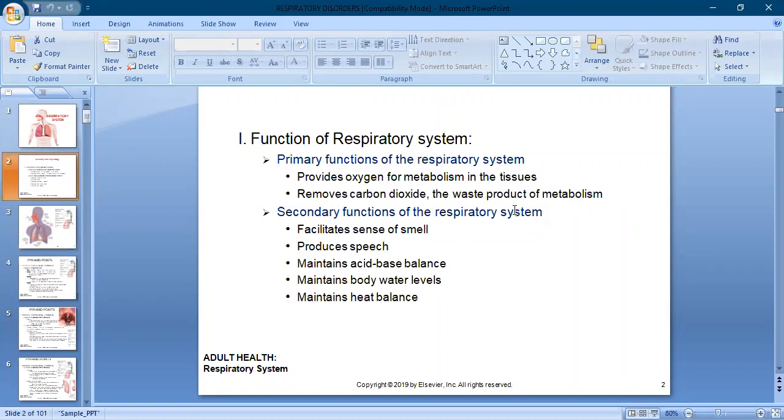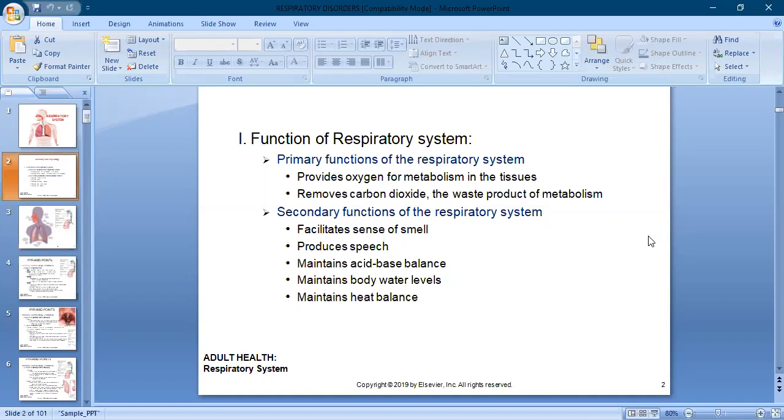So blood releases the carbon dioxide and gets oxygen, and this oxygen comes from the environment. Definitely the target of this oxygen is to go to the tissue level where metabolism occurs, especially in the liver.